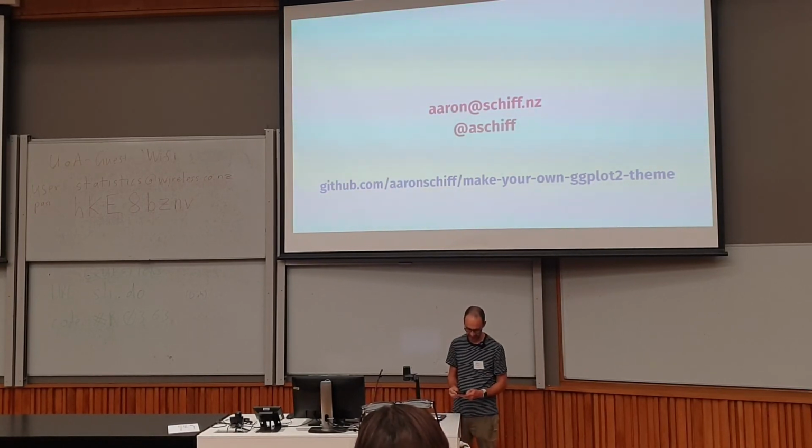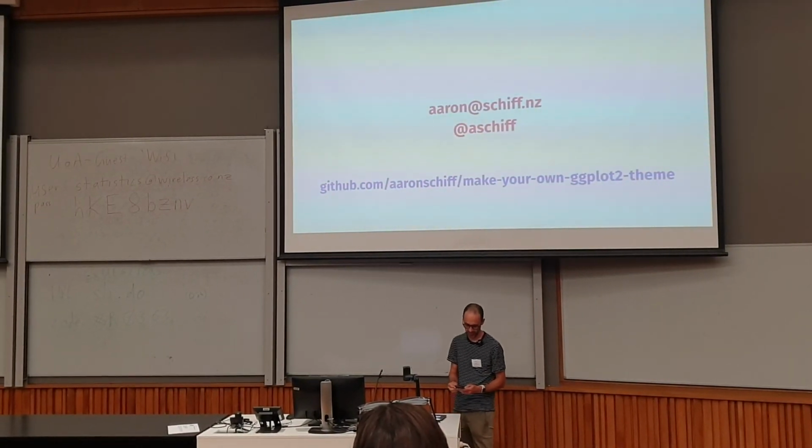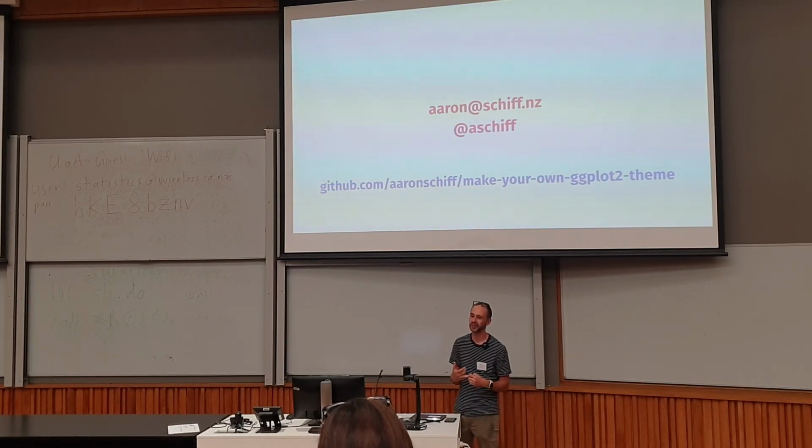Another question: Do you have any advice for testing the accessibility of a theme to those with disabilities, such as colorblindness or short-sightedness? Yeah, that's a really good question. I don't know about short-sightedness, but for colorblindness, yes, if you've got a Mac, I'm not sure if it's available on Windows, there's a really good app called Daltonism, and it will overlay a window over your screen and simulate what you're showing will look like to people with various kinds of color blindness.